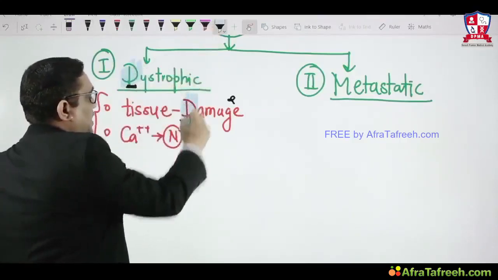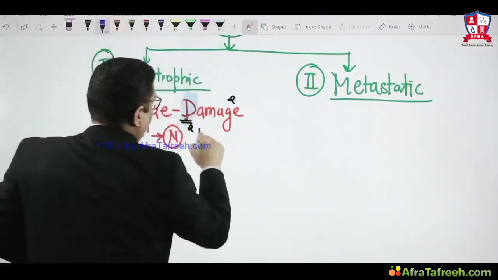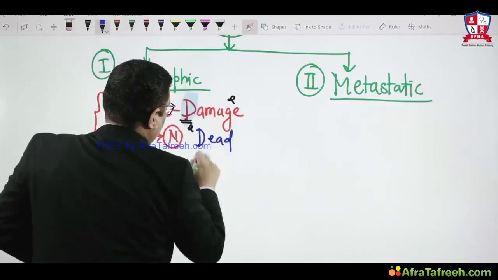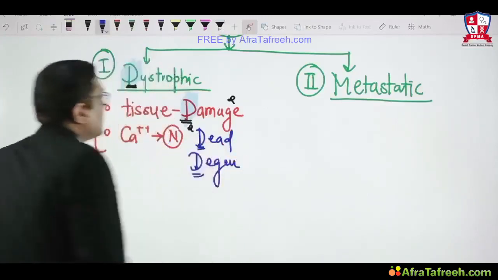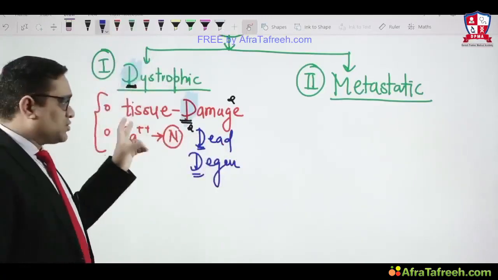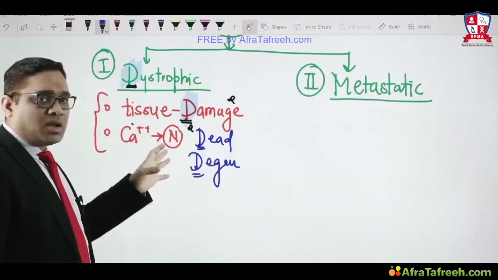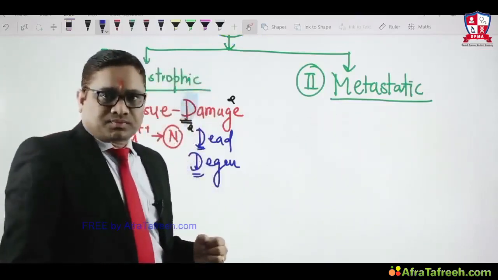Dystrophic is seen in damaged tissue. D for damage, D for dead, D for degenerated. So damaged, degenerated, dead tissue shows dystrophic calcification. Tissue damaged, calcium level normal: dystrophic calcification. What about metastatic calcification?